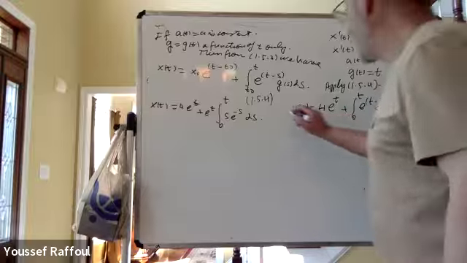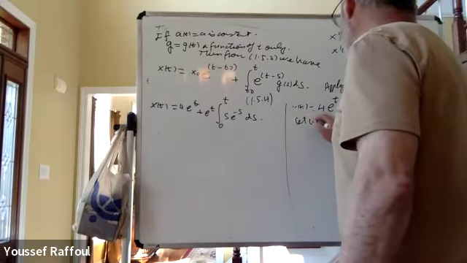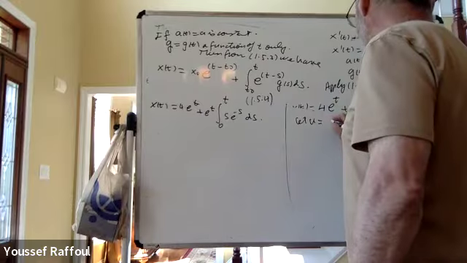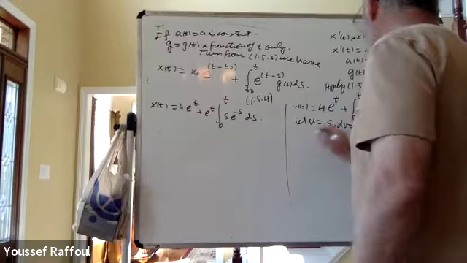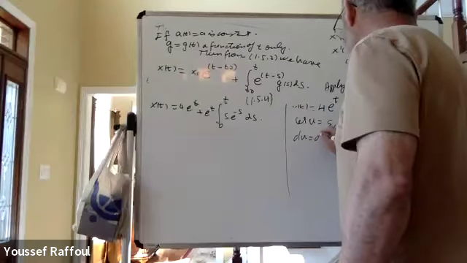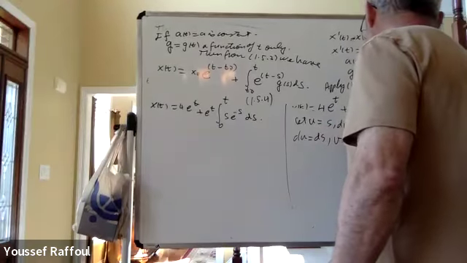All right, if I let u equal to s and dv is e to the minus s ds, then du is ds and v is minus e to the minus s.